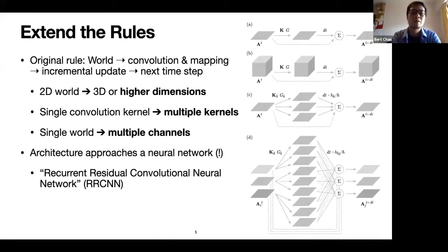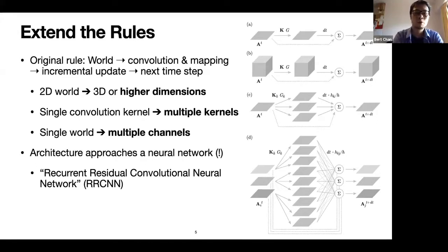Now we try to extend the rules of Lenia. The original rule was: there's a world and we do convolution and smooth mapping, incremental updates that move into the next time step. In this extension, we extend the 2D world into 3D or even higher dimensions.